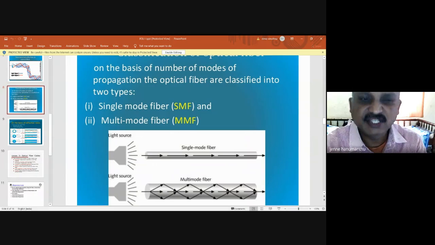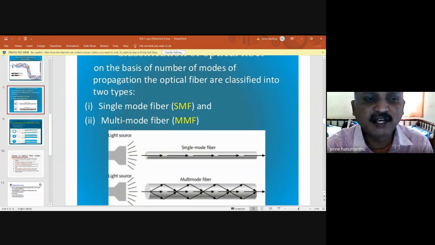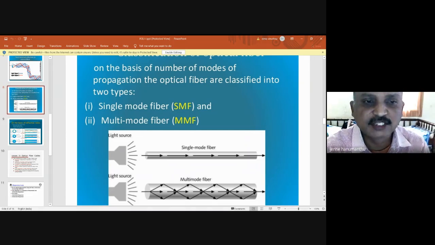Maximum light is wasted and not coupled. That wasted light is called loss.